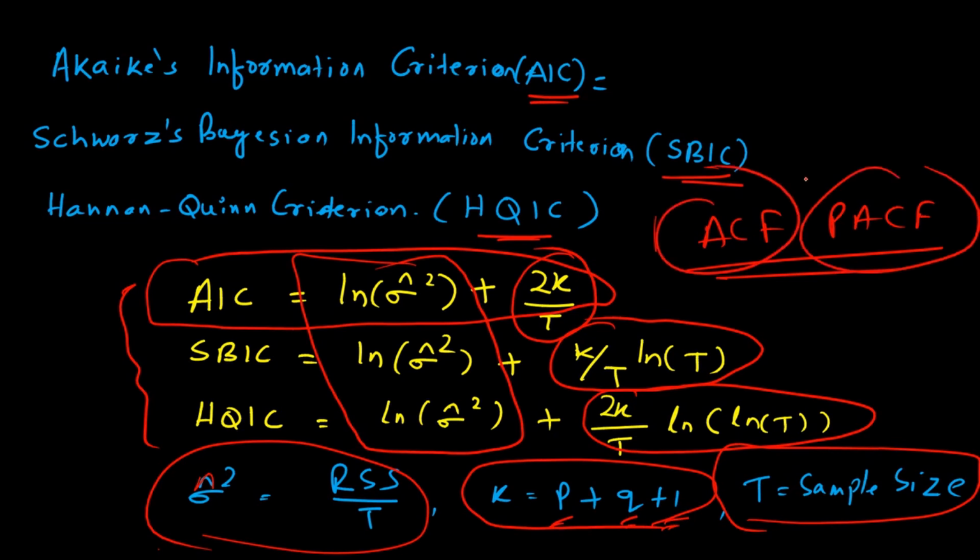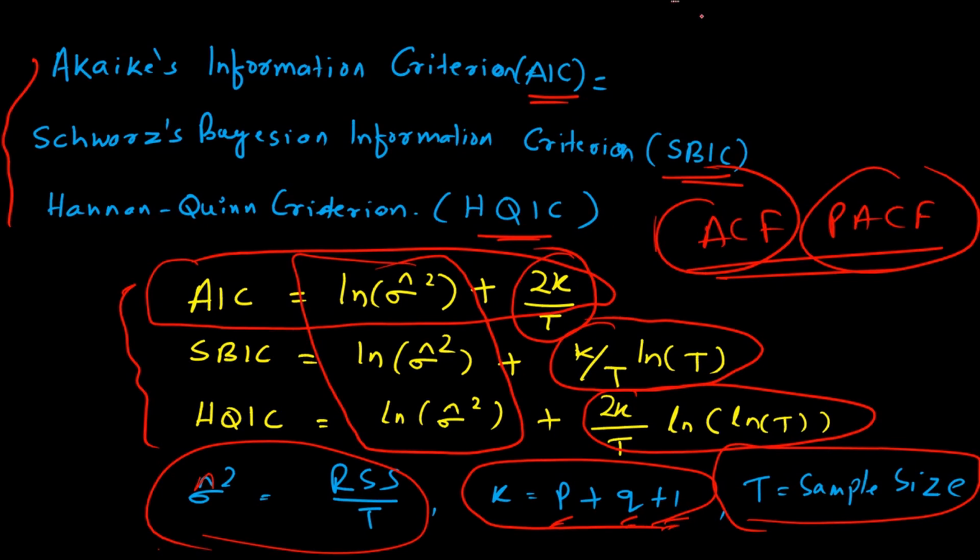Hence, all three information criteria sometimes give better insight into what should be the order of the time series. So you can use one of these information criteria to confirm your order from ACF and PACF, or use it as additional information, or even use it as the only criterion for choosing the order of the time series model.